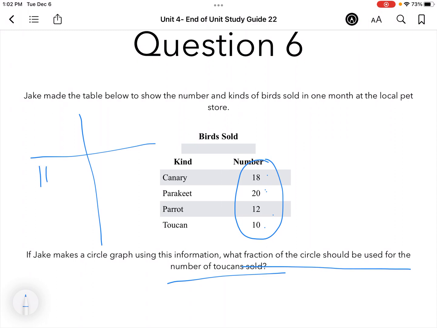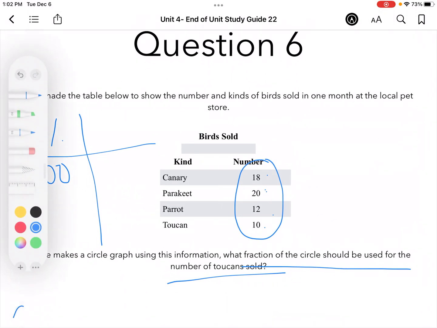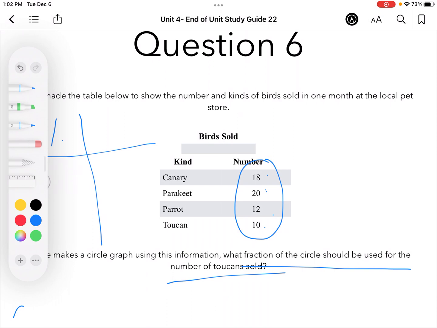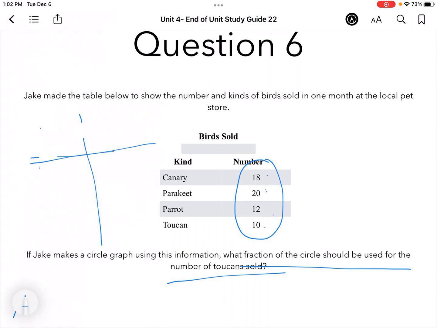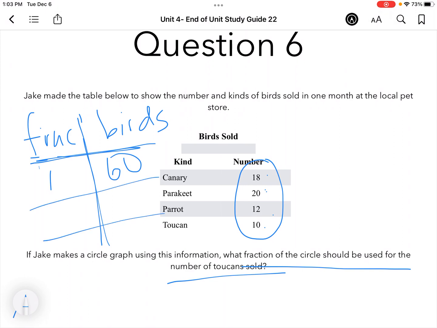So I know 100% is the same as one whole. So I know I have my fraction and I have my birds, right? Always helps to label it. One whole circle would be 60 birds, and I want to figure out just the toucans.